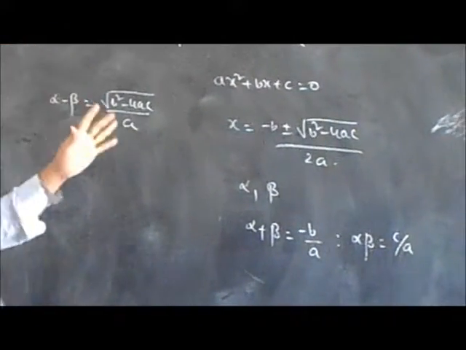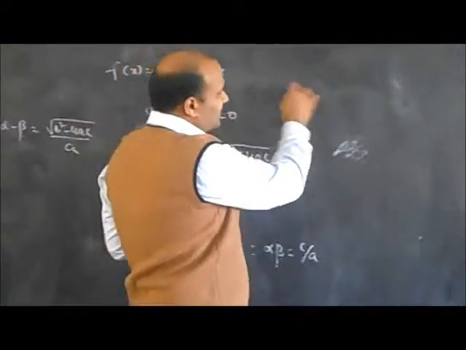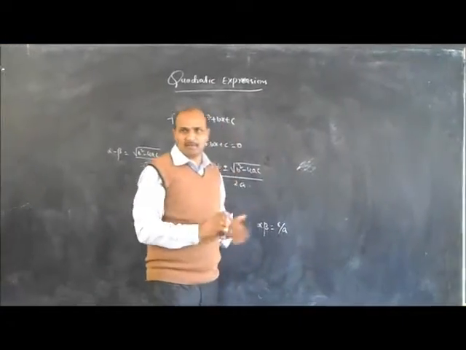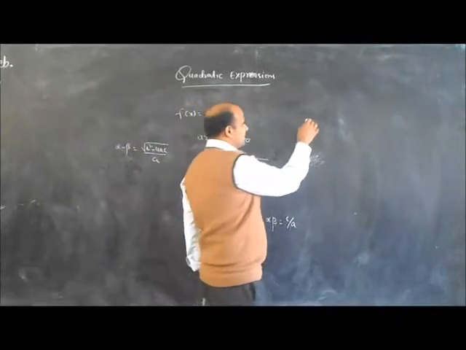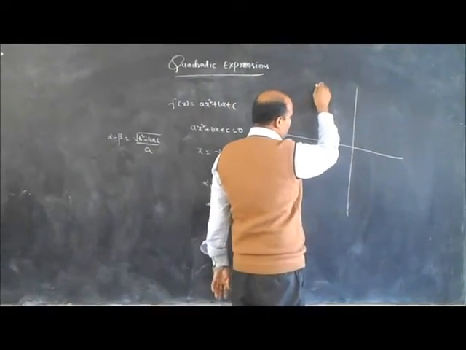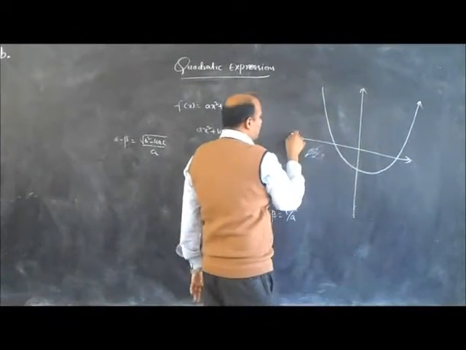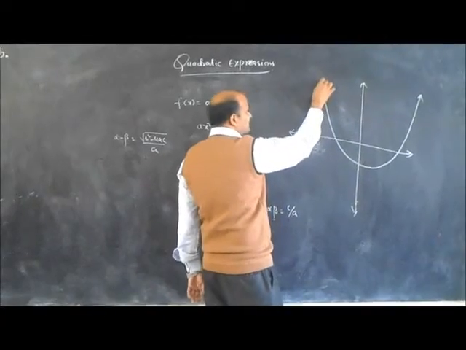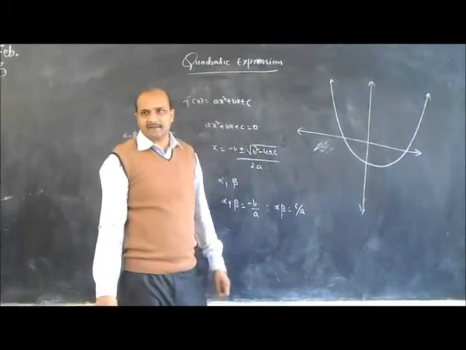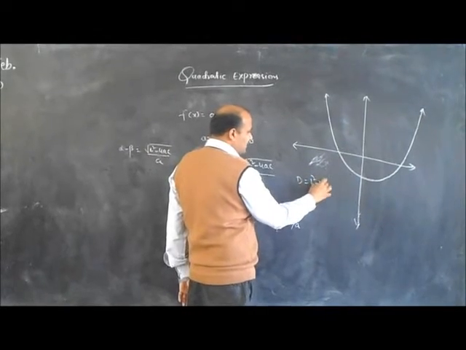This quadratic expression has maximum and minimum values. So what is the graph of the quadratic expression? It depends upon the discriminant, d is equal to b square minus 4ac.